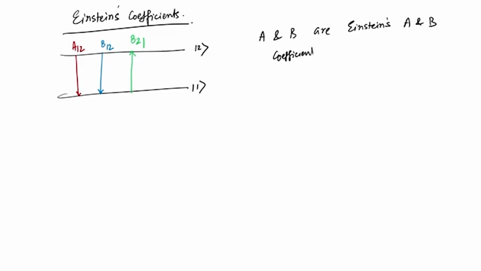These are called A and B coefficients. The ones that we are using are called the Einstein's AB coefficients. So, the A coefficient stands for spontaneous emission.